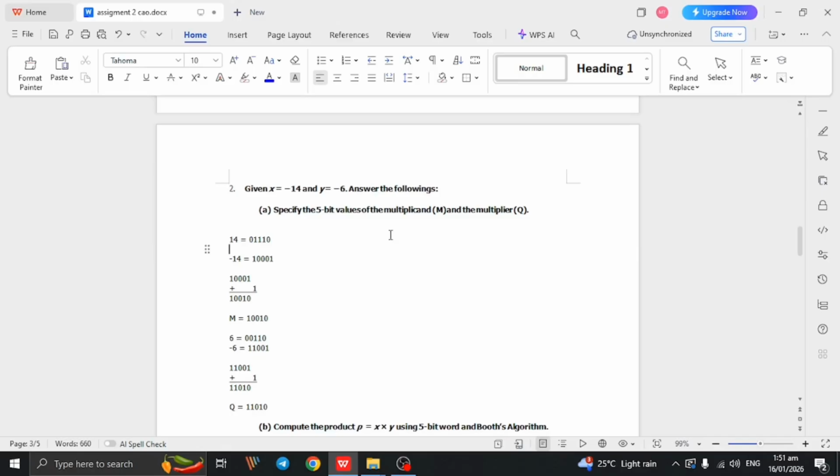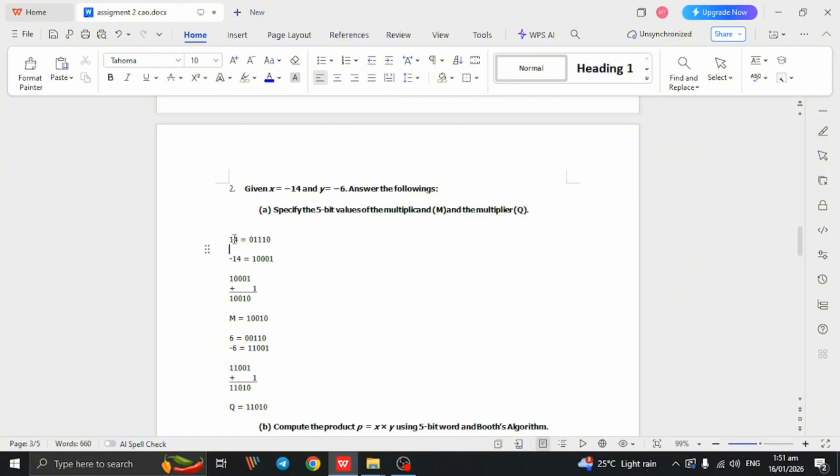Okay, for question 2, we are given x equal to -14 and y equal to -6. We should answer the following using the 5-bit value of the multiplicand m and the multiplier q.